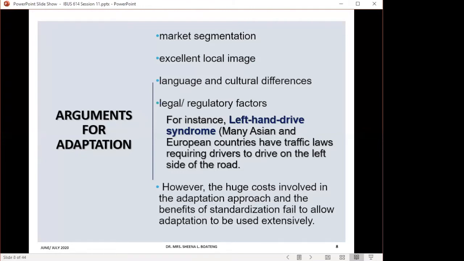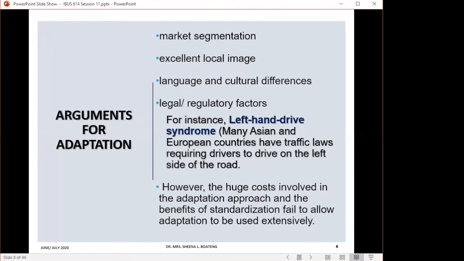Please, it seems I'm a bit confused concerning this left and right hand drive issue. So are you saying that if we are left hand drive, it means we're on the left side of the road? We're talking about the steering wheel. Let me explain. If you are a right-hand drive vehicle, you will drive on the left side of the road.